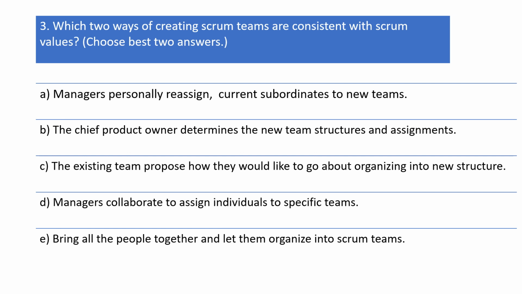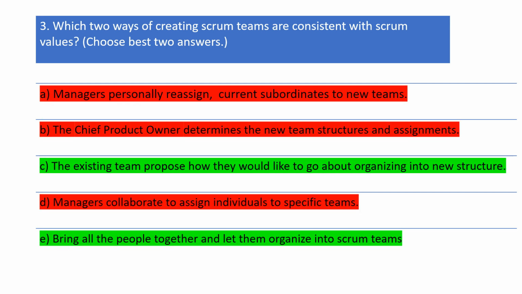Option C. The existing team propose how they would like to go about organizing into new structure. Option D. Managers collaborate to assign individuals to specific teams. Option E. Bring all the people together and let them organize into Scrum teams. Let me know what option you have chosen.